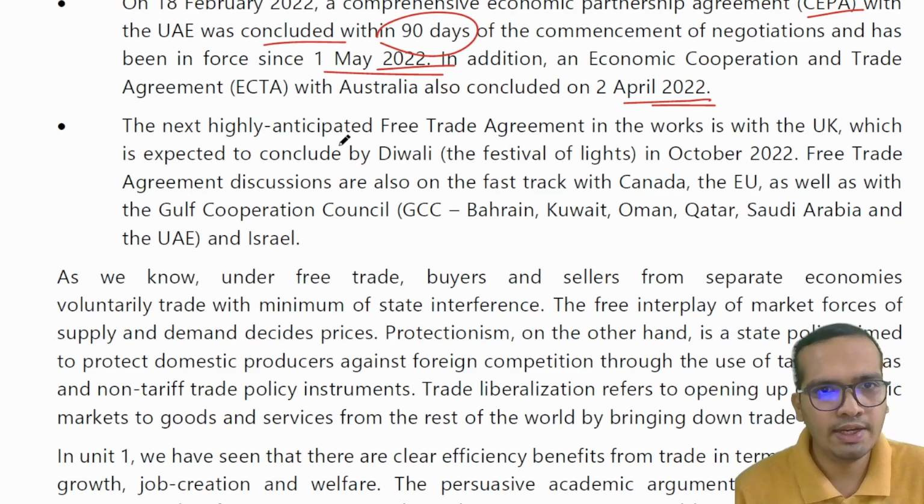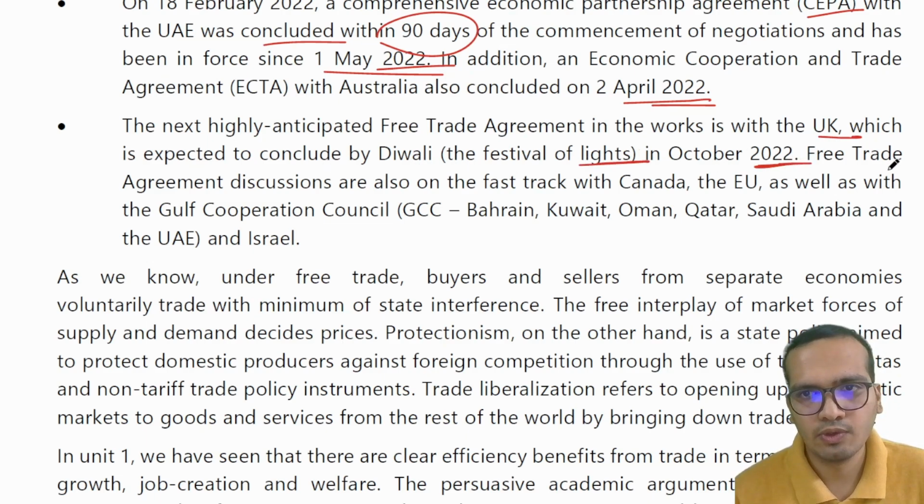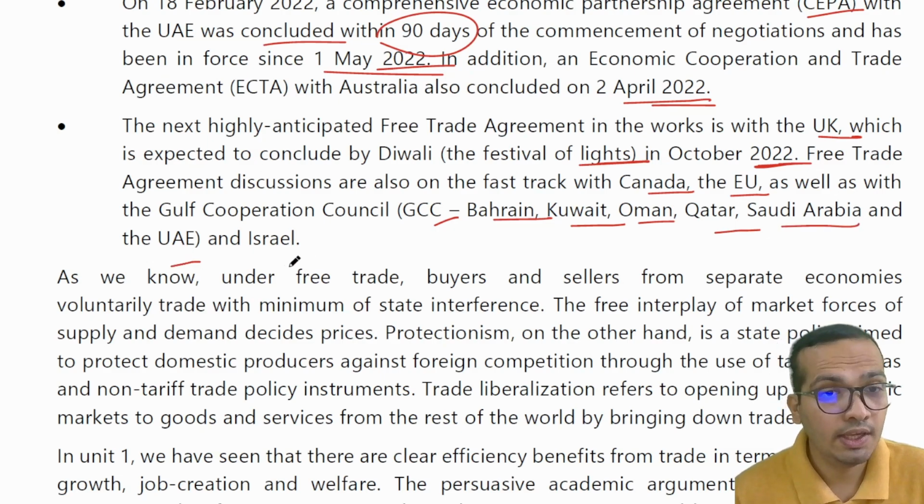The next highly anticipated free trade agreement is with the UK, which is expected to conclude by Diwali, the Festival of Lights, in October 2022. FTA discussions are also on the fast track with Canada, the EU, as well as the Gulf Cooperation Council (GCC), that is Bahrain, Kuwait, Oman, Qatar, Saudi Arabia, and the UAE, and Israel.